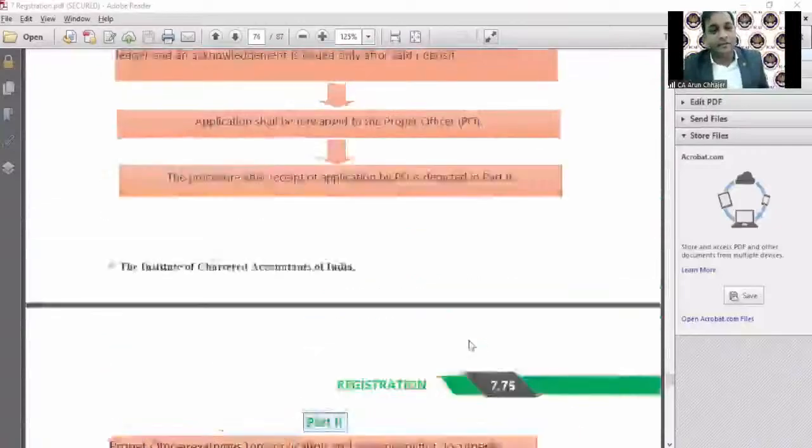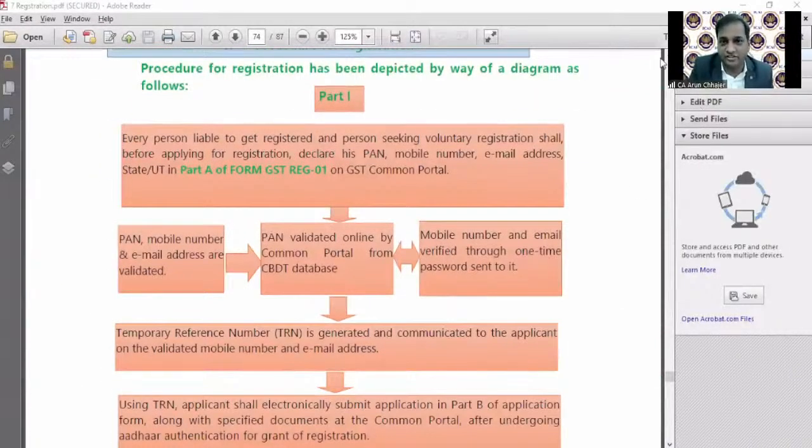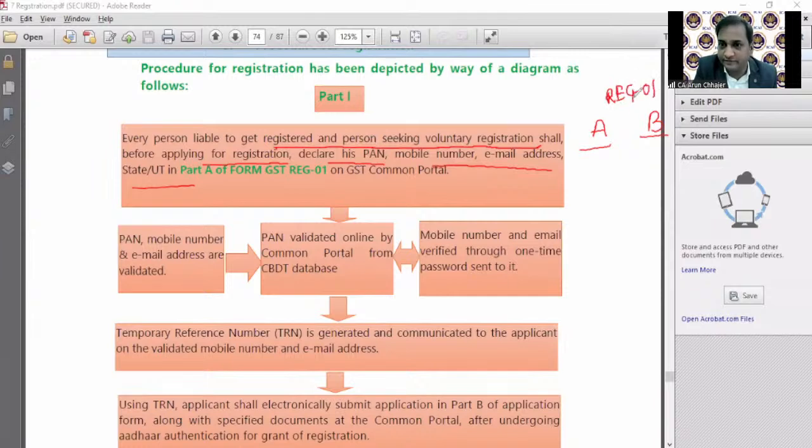Fine. Let me talk about the procedure for the registration. Every person liable to get registered, or seeking voluntary registration, shall before applying declare the PAN, mobile number, email, etc. There is a part A and a part B of the GST application. The application number is REG-01.